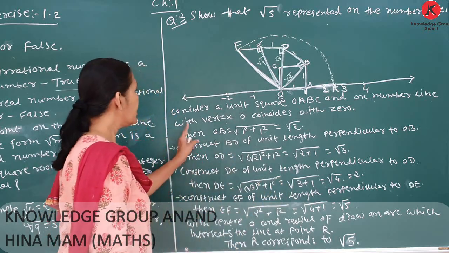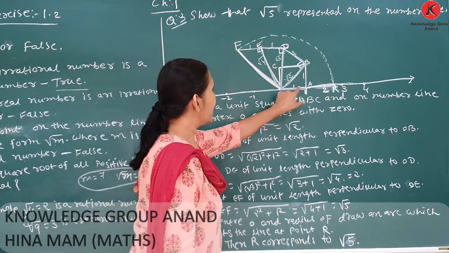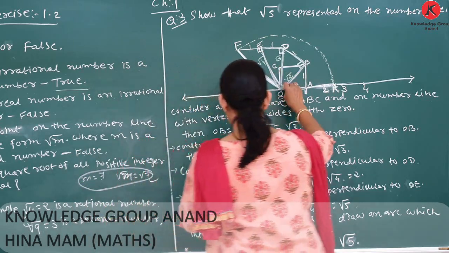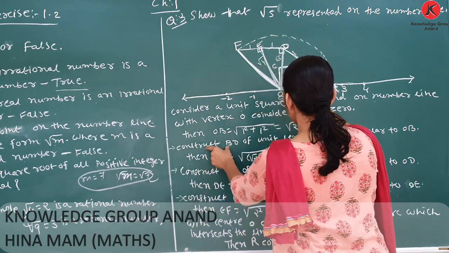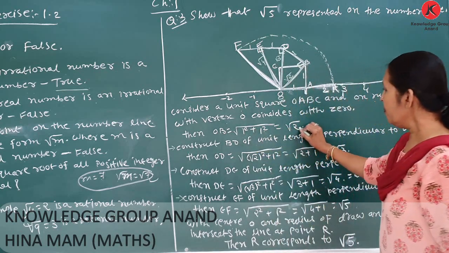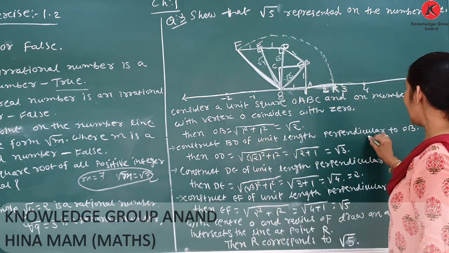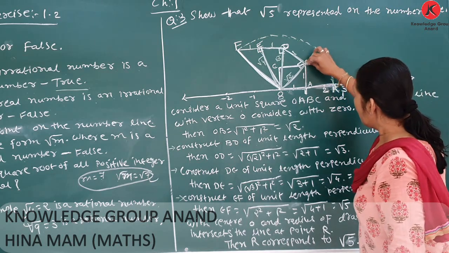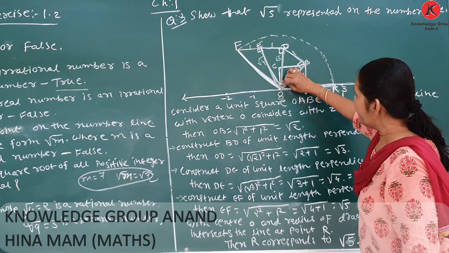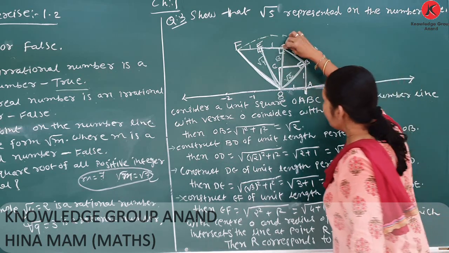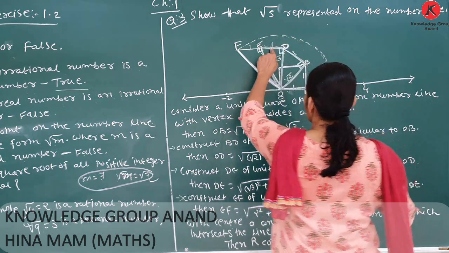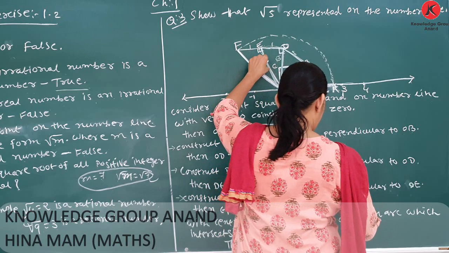Now again draw the unit square OABC. First we find root 2 by constructing BD of unit length perpendicular to OB. Then we find root 3. Again, draw DE of unit length perpendicular to OD. Then we find root 4.